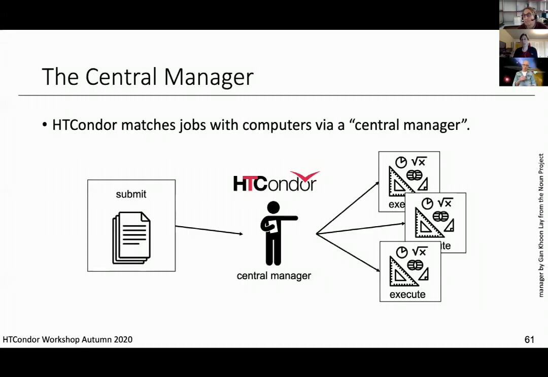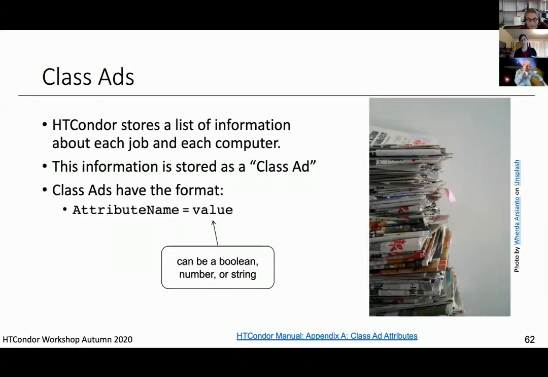So I'm going to expand the diagram I had at the beginning of this talk, where we had the submit point and the execute points. I'm going to add this central manager role in the middle that is really doing the work, where before I just had the HTCondor image of matching jobs with computers. To do this, it needs information about the jobs and the computers involved.